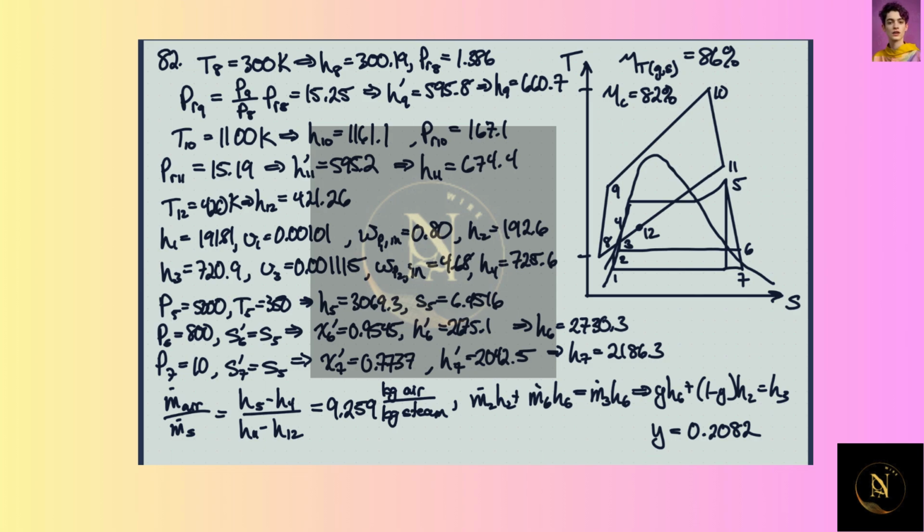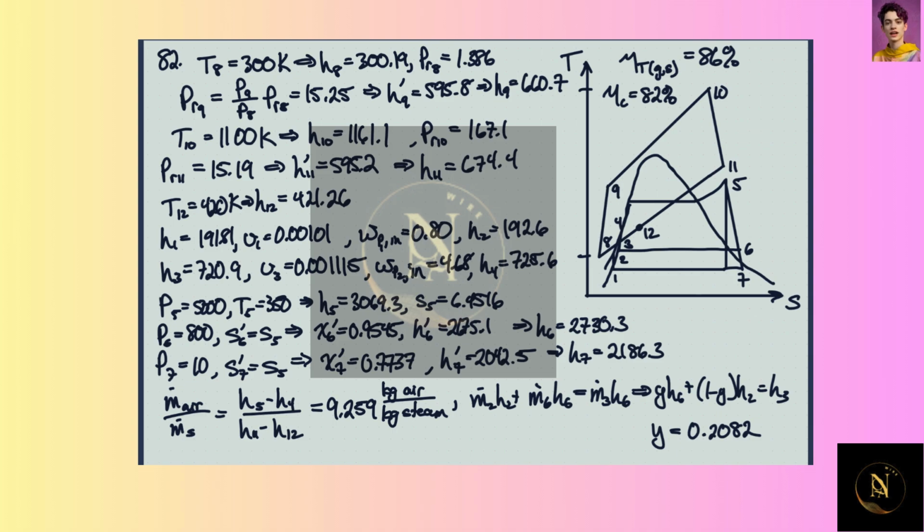Then we have a feed coming off of the turbine that goes back through the heat exchanger and preheats some of the feed water before it gets to the boiler here.